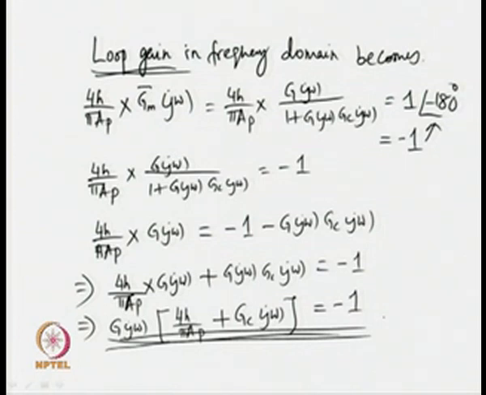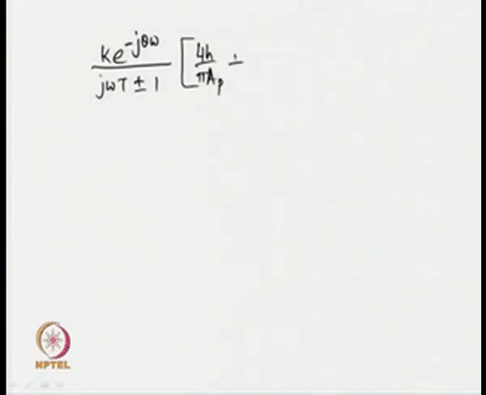Now, you substitute the expression for G(jω) and G_c(jω), then you will get: G(jω) in frequency domain will be K e to the power minus jθω divided by (jωT plus minus 1), times 4h by πa, plus the dynamics of the controller, K_c (1 plus 1 by jωT_I plus jωT_d). So, this is equal to minus 1.